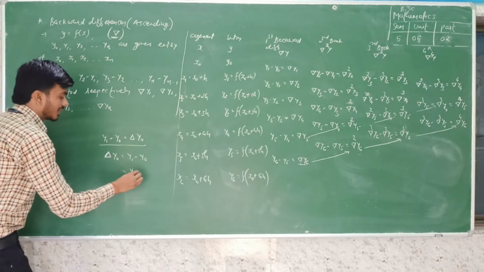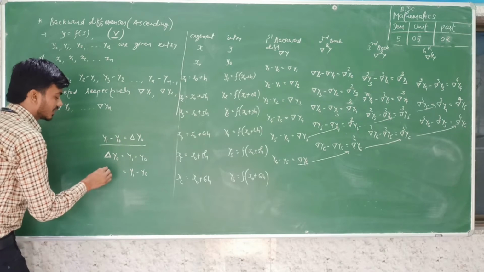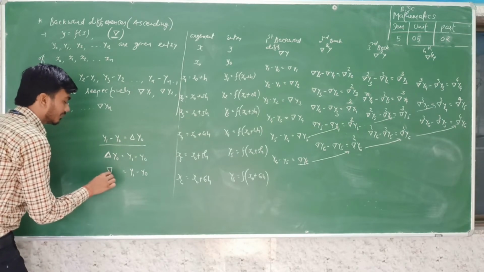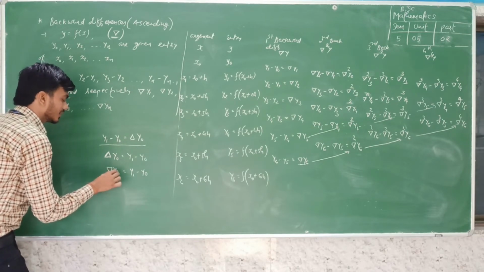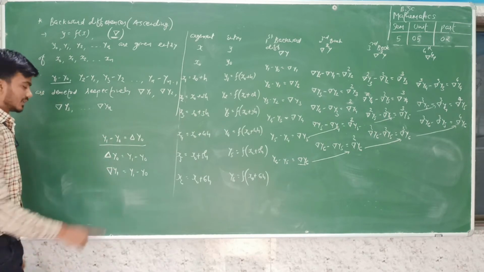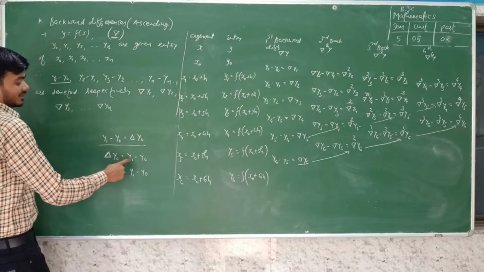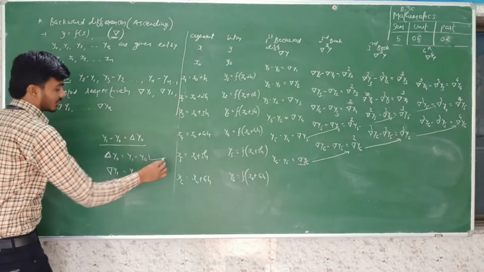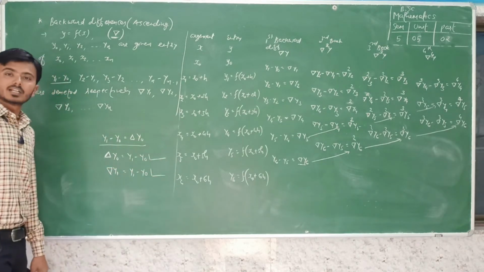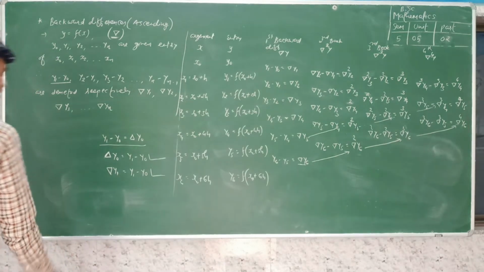But for backward differences, the symbol is nabla, so we write nabla y1. So nabla y1 is equal to y1 minus y0, and delta y0 is equal to y1 minus y0. This is the forward difference and this is the backward difference. Please note this down.